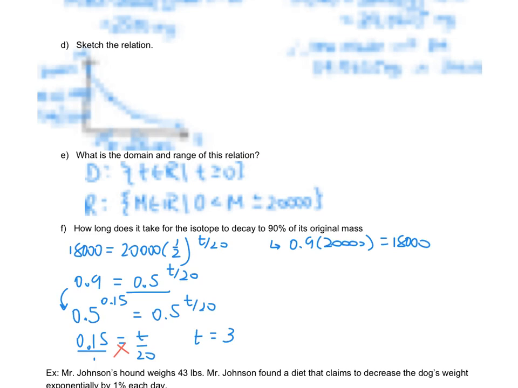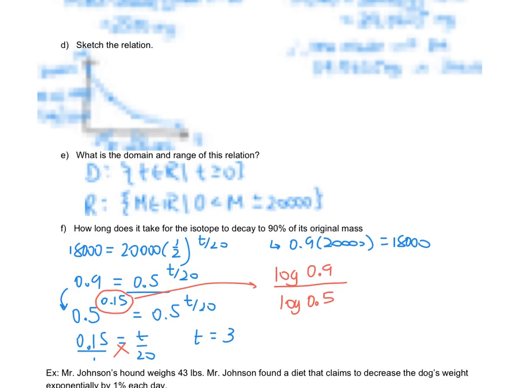Now, I'm going to show you a shortcut to get this 0.15 quicker. And that shortcut is using the log button. So what you can do in your calculator is do log of the number you want to change the base of, so log 0.9, and divide it by log of the rate. And if you do log of 0.9 divided by log of 0.5, you get 0.152, and this is a lot more accurate than what I put down.